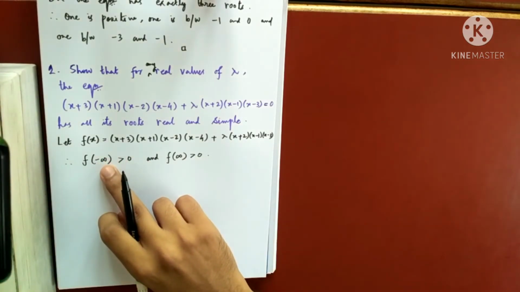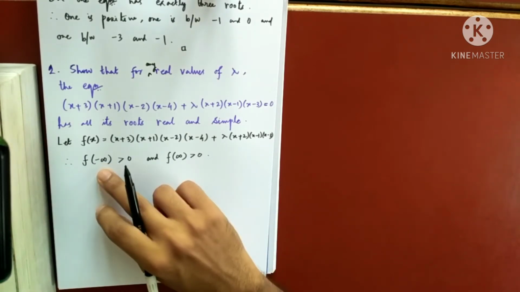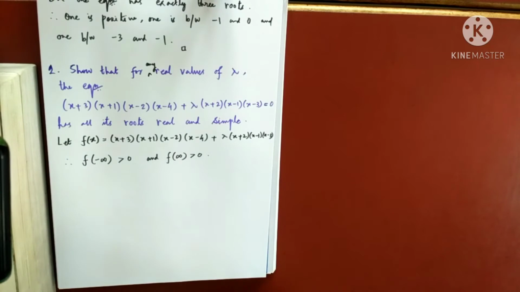And what about f of minus infinity? When I'm putting a very big negative number, you are raising it to power 4, so that will make it again positive. Okay, so I hope you all understood why f of minus infinity is positive and f of infinity is also positive.